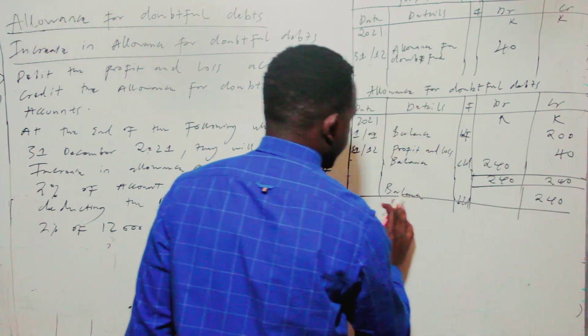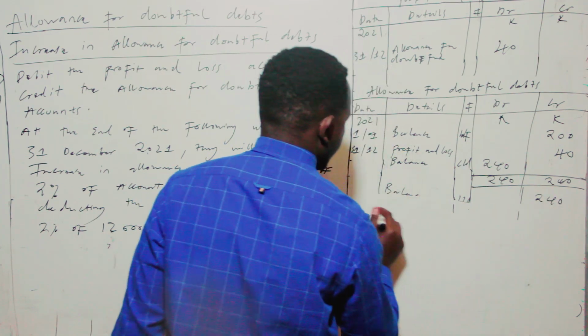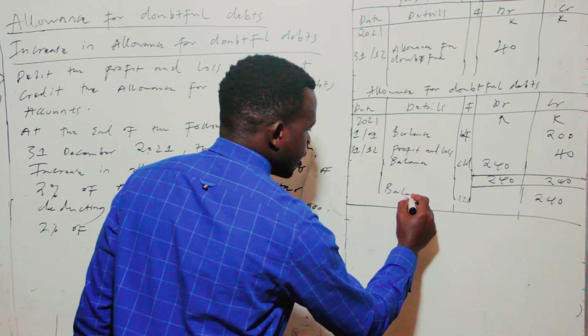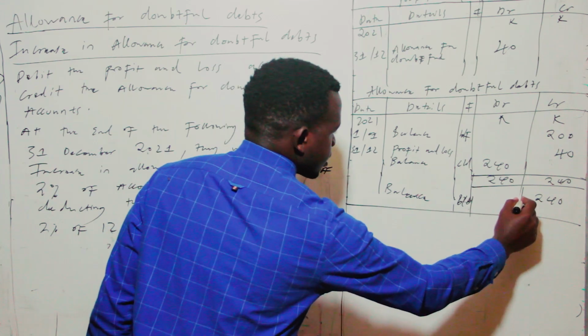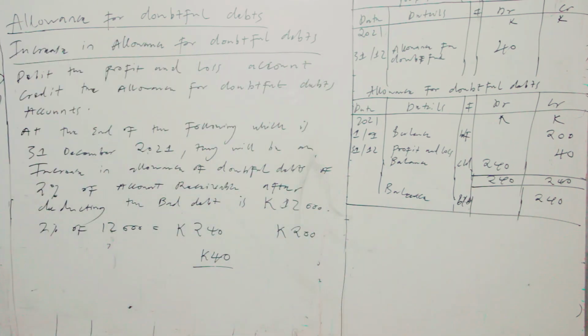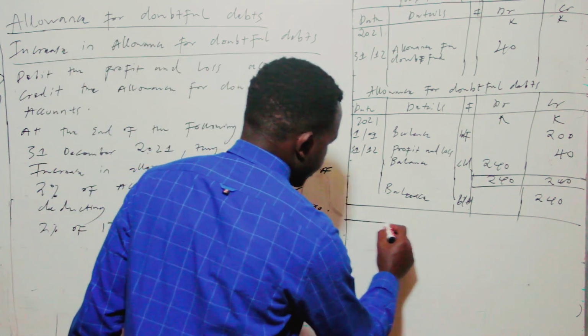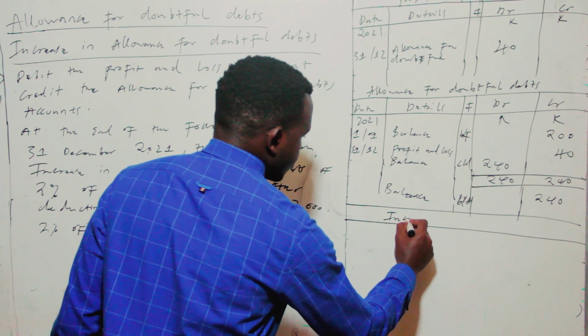So that's how you can show the allowance for doubtful debts account. Where you have questions, please ask in the group. So let us look at how we are going to show that in the income statement.